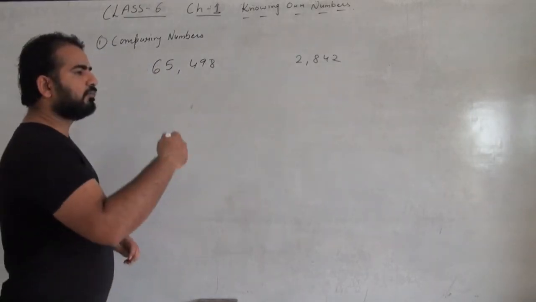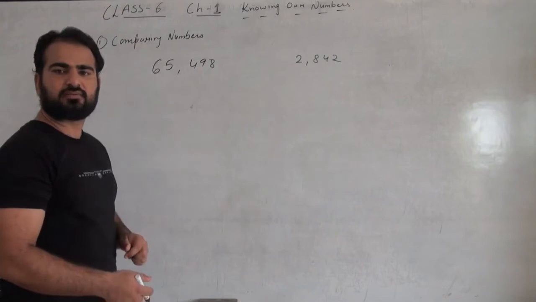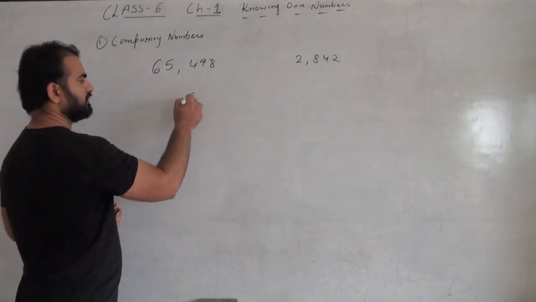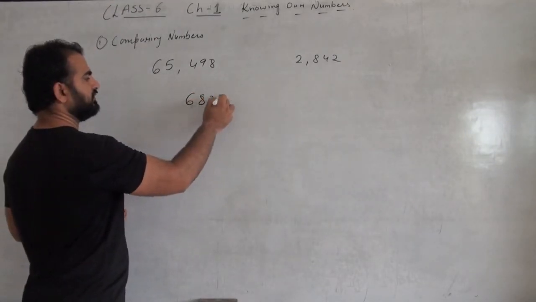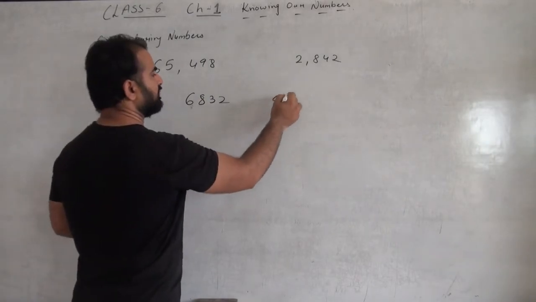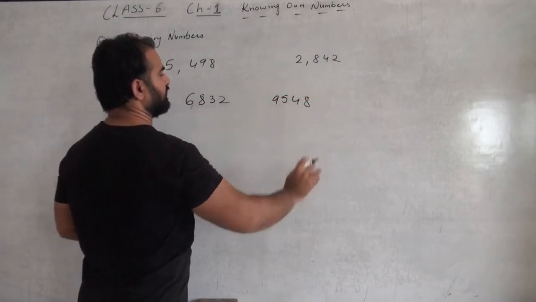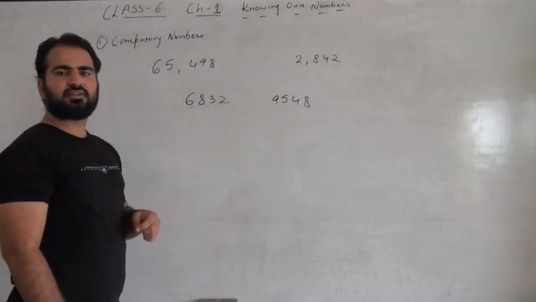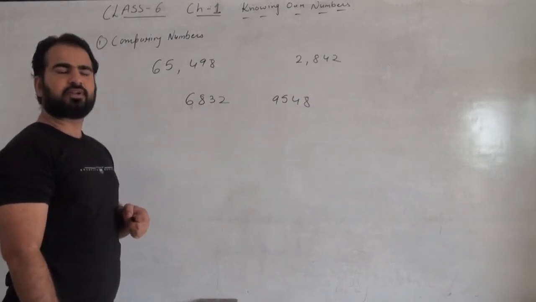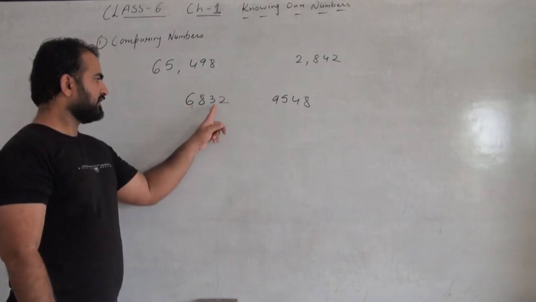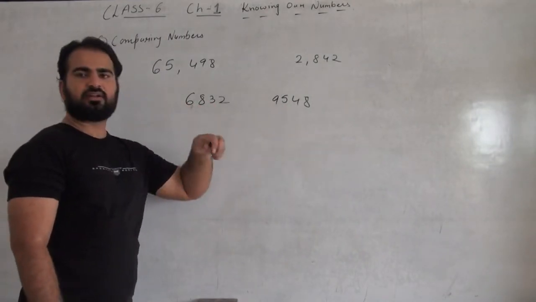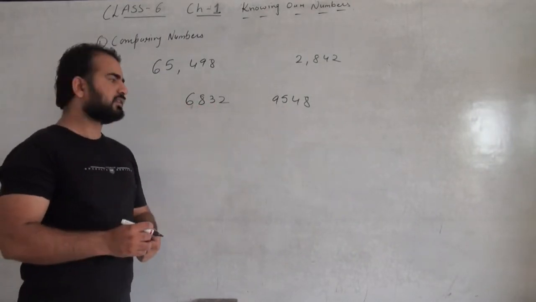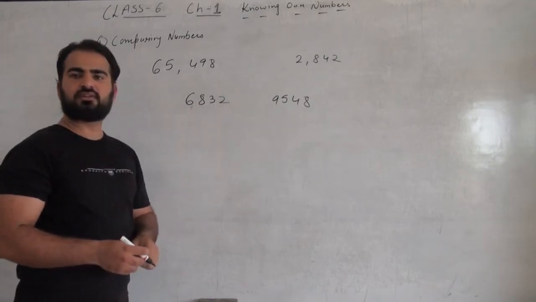What if the number of digits are equal, like 6832 and 9548? In both these numbers we have to compare them. How many digits are there? There are 4 digits in each number.